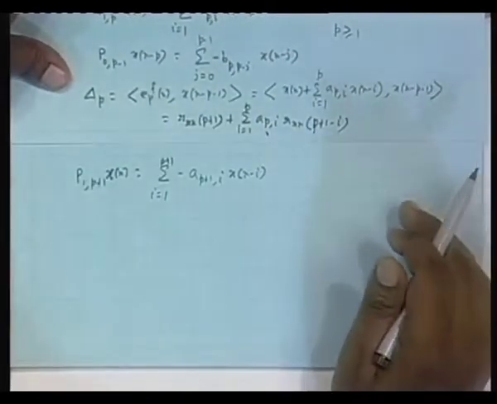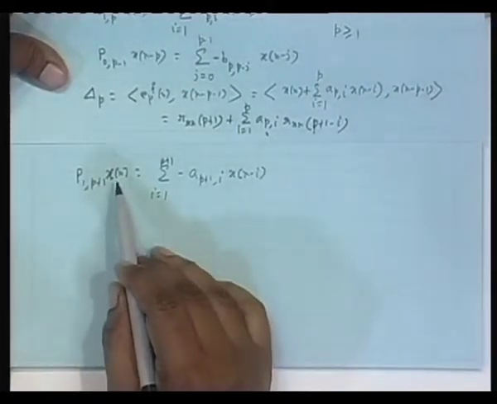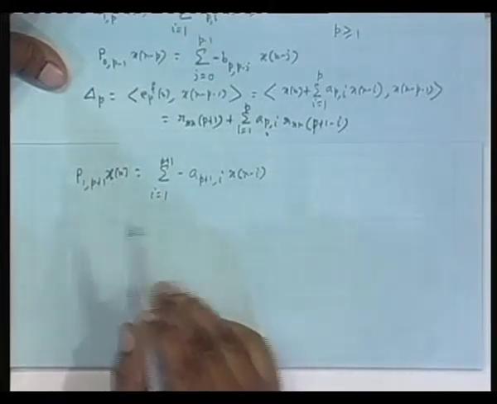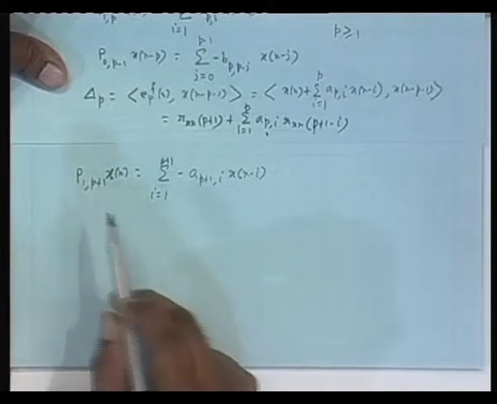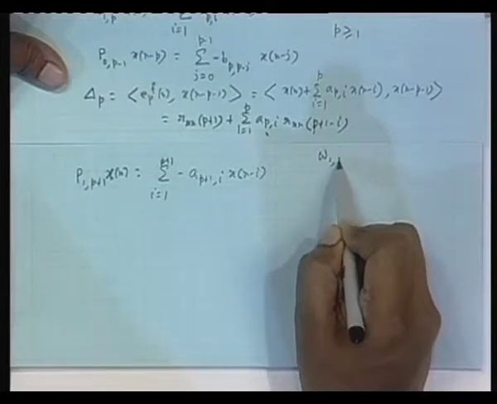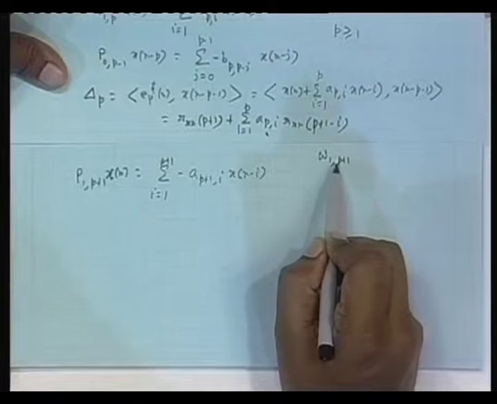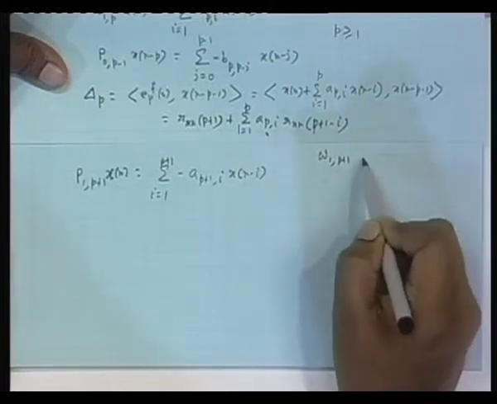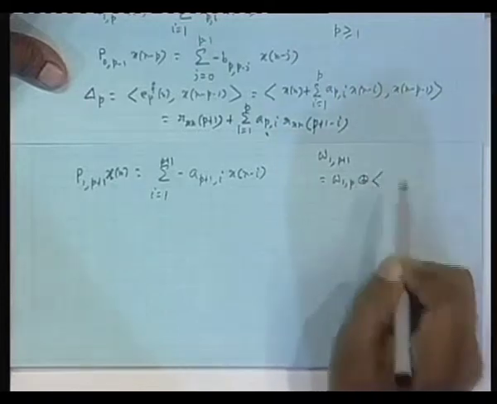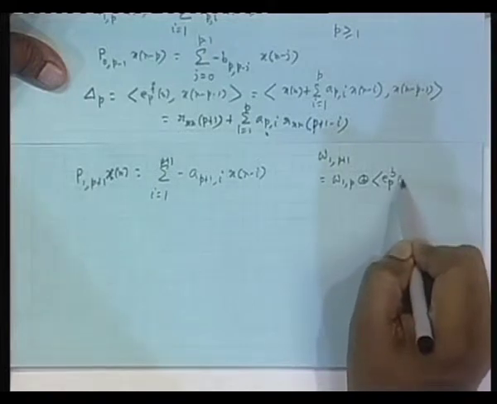The way to go about it again is some beautiful linear algebra. That is, this projection is again nothing but a projection on the space spanned by x n minus 1 to x n minus p minus 1, that is, x n minus p plus 1. That is the space W 1 to p plus 1. What is the space spanned by? x n minus 1 up to x n minus p minus 1. That we know is nothing but W 1 comma p orthogonal span of x n minus p minus 1.